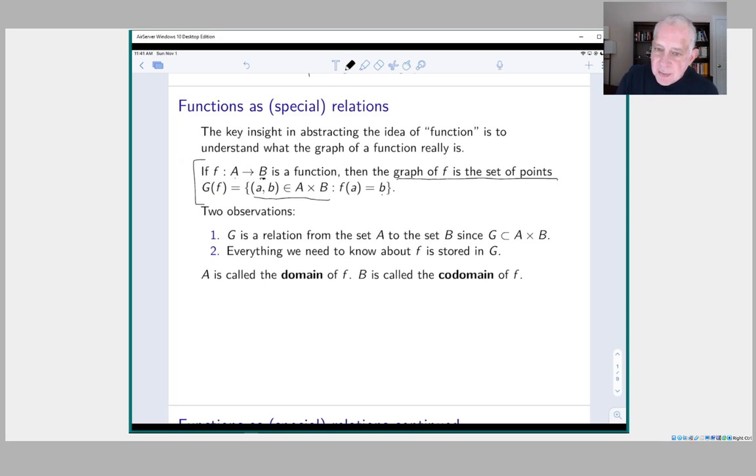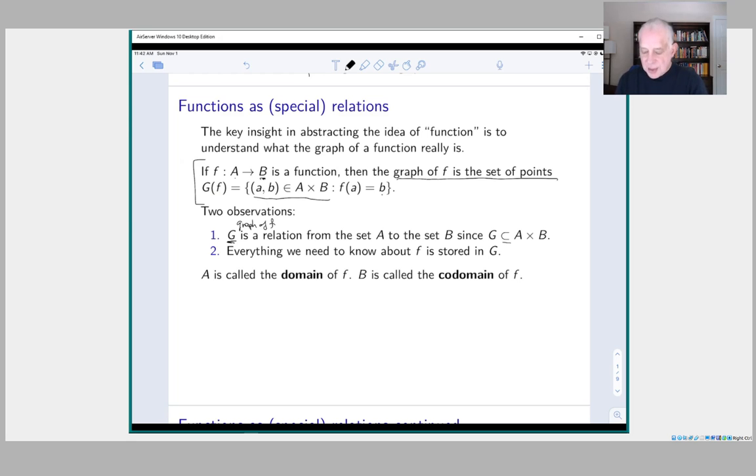And the thing we want to observe about this is that this G, the graph of f, is a relation from the set A to the set B. It's a subset of the Cartesian product A cross B, and that's the definition of a relation.